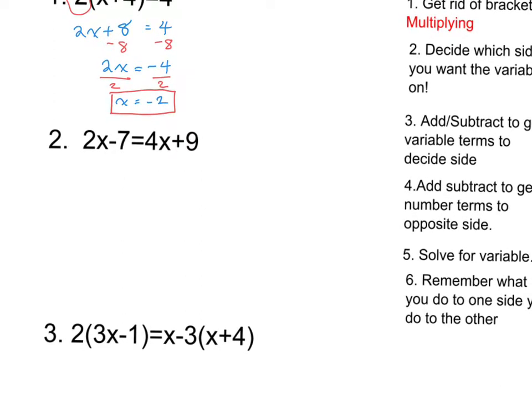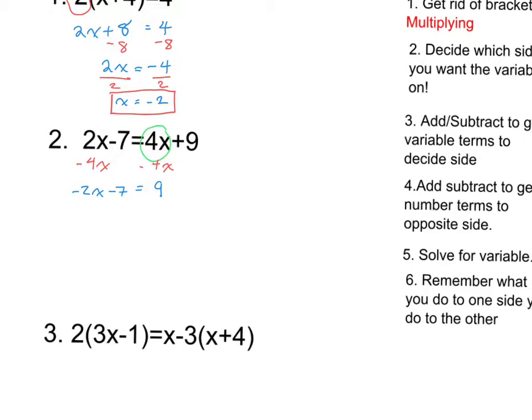So we have x's on both sides. Now I'm going to choose to put all my x's on the right side. So remember, we always move all the stuff to where we want it. We have 4x on this side, so we're going to subtract 4x from both sides. And we end up with negative 2x minus 7 equals 0x plus 9.